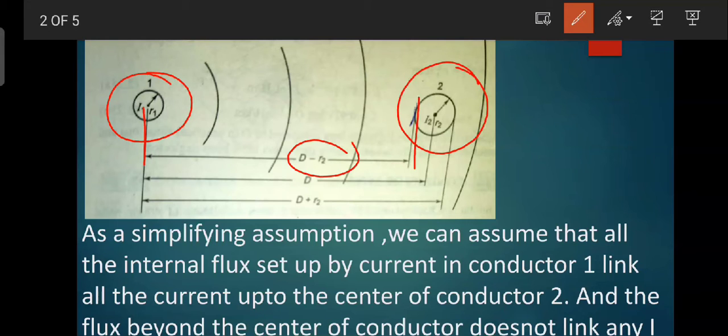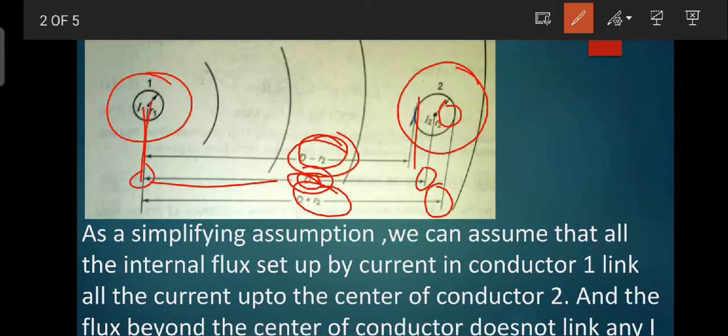So D plus r2 is here, adding this r2, D plus r2, and subtracting, D minus r2.